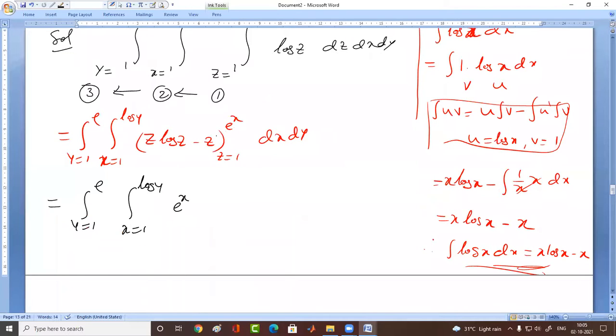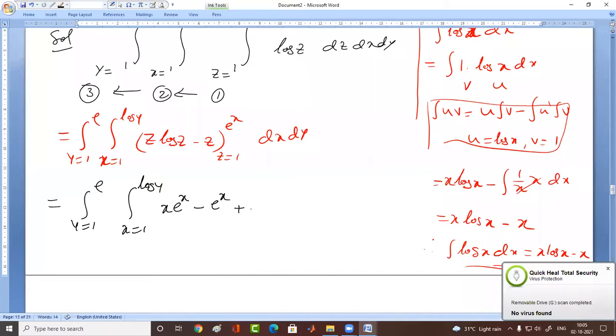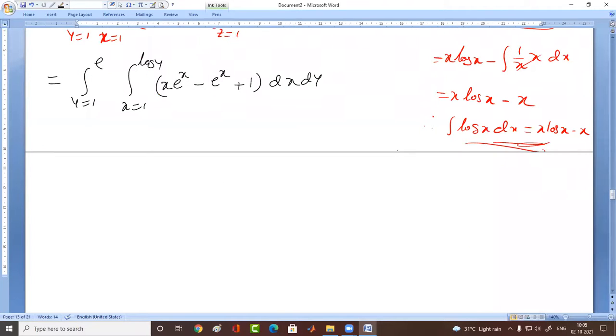Log of e power x, log and e are opposite functions, so you will get x e power x minus e power x. If you put z equals 1, log z is 0, so minus or minus plus 1, dx dy. Now integrate with respect to x.